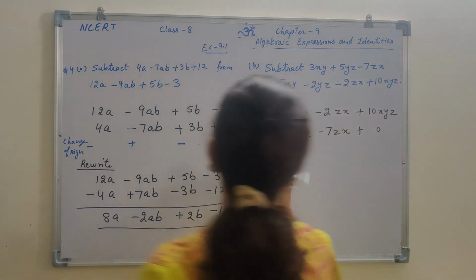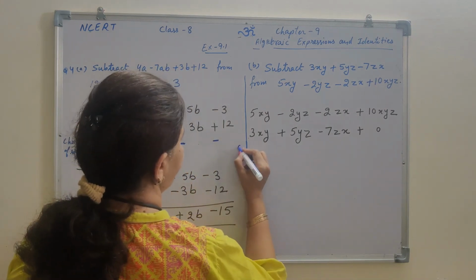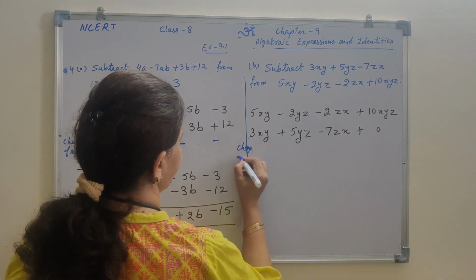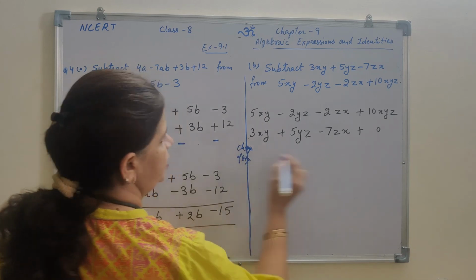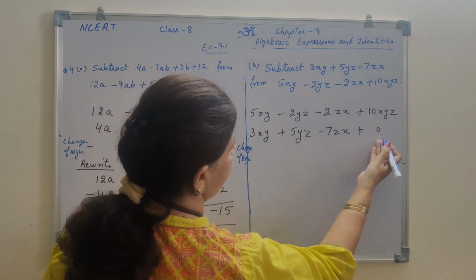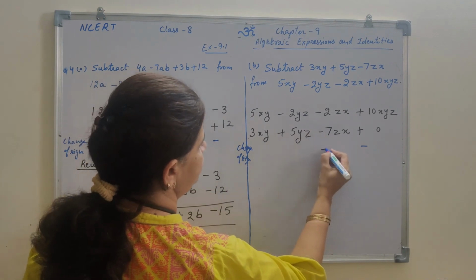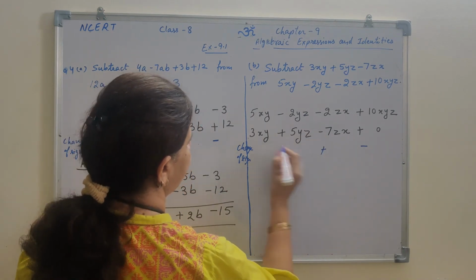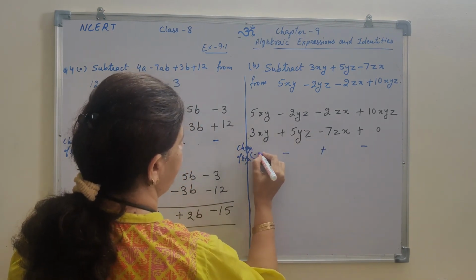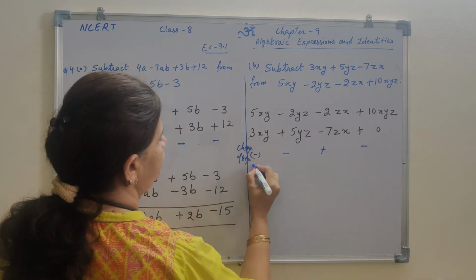Important point, when we are doing subtraction, we have change of sign. Change of sign means this will make no change, but we are making it minus. This is minus, make it plus. This is plus, make it minus. This is plus, make it minus. Okay. Now we are rewriting.